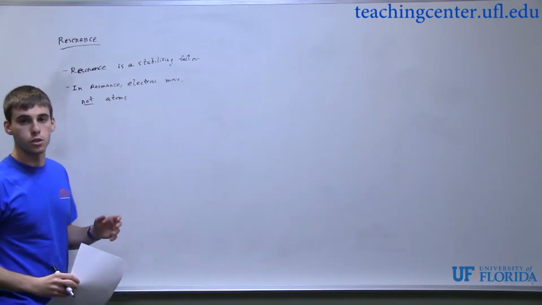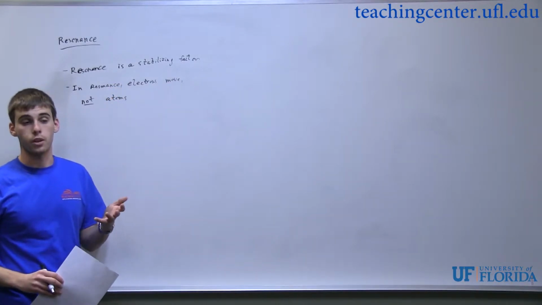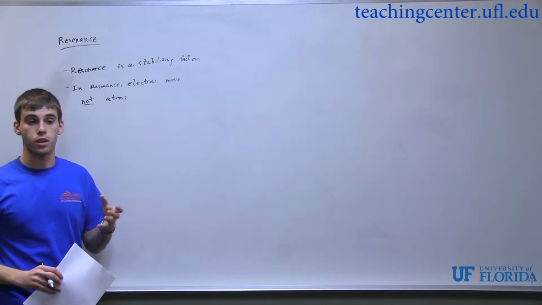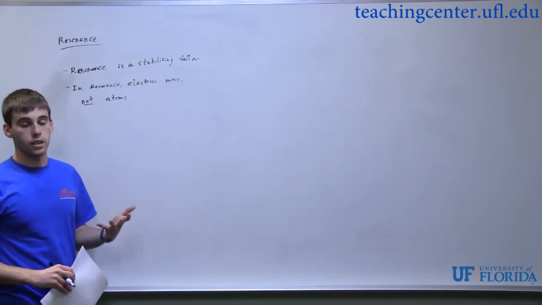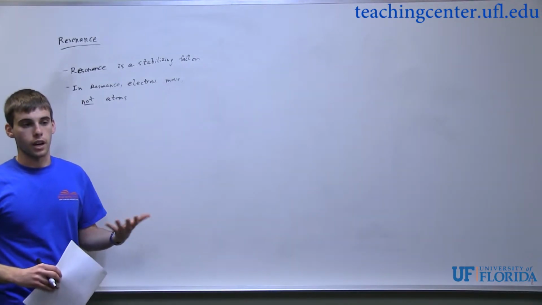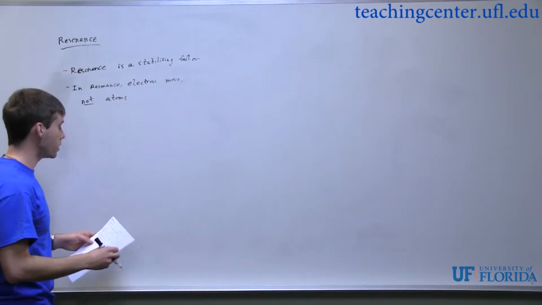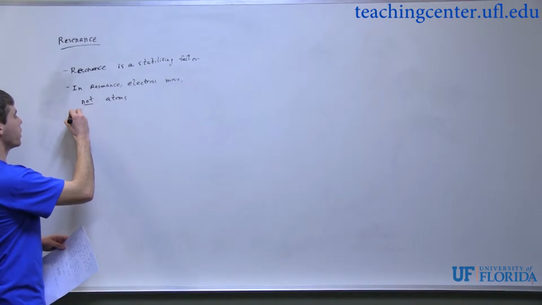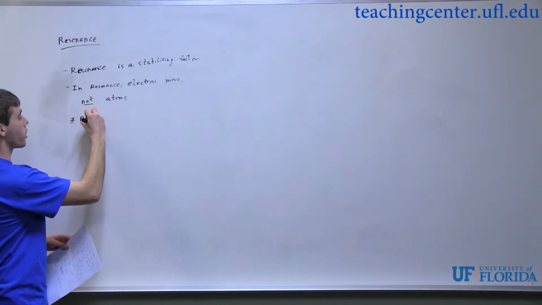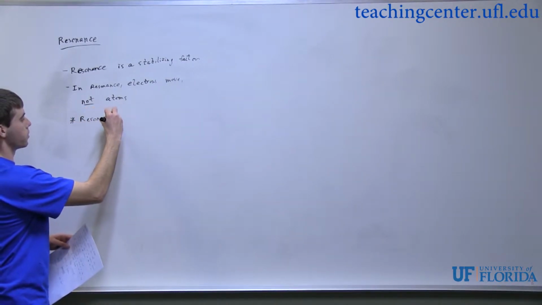It can be a little bit confusing because we're going to draw arrows just the same way that we're going to draw arrows when we do mechanisms for reactions. But we're not actually moving atoms, just electrons. So that's where all of our arrows are going to start from. And a really important thing is resonance structures are not distinct molecules.